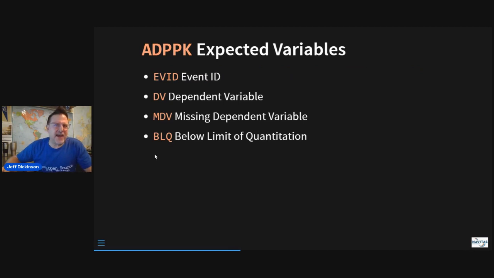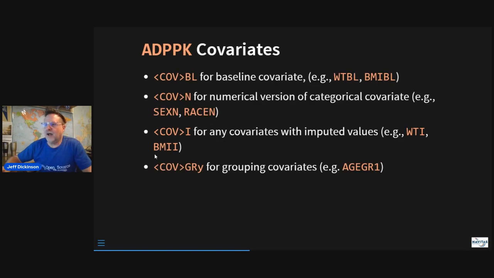So ADPPK has some additional expected variables: the event ID, the DV, which is a dependent variable, which would be equivalent to AVAL in most cases, and MDV, which is missing dependent variable, and BLQ. The reason for some of these is that the popular modeling software expects certain variables to be present.